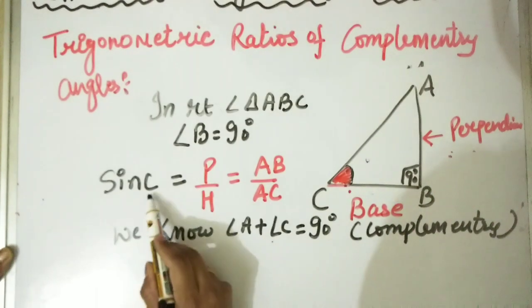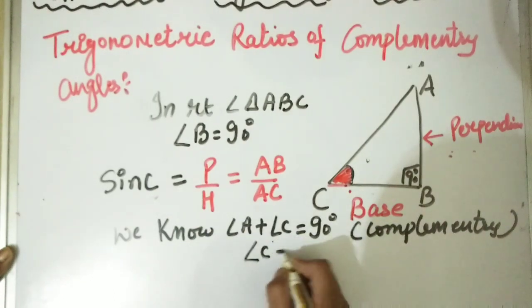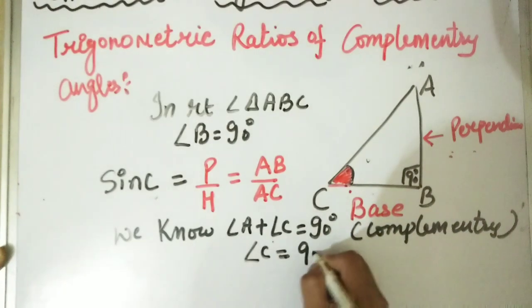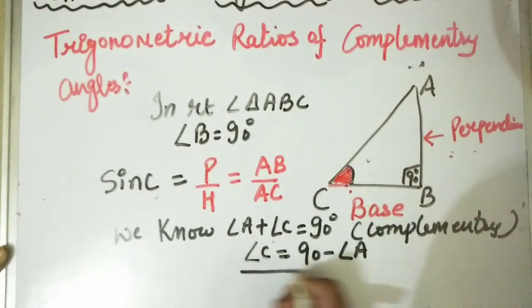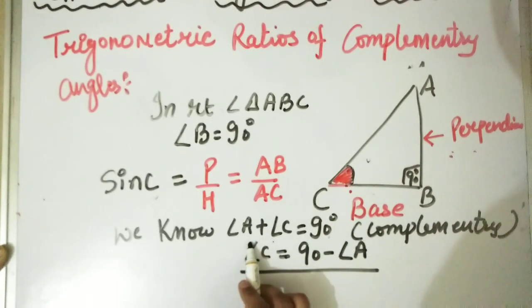I am going to replace this C with A. What is the value of angle C? Angle C will be 90 minus angle A, right? It's a very easy process. You can find any angle from this equation. If you need angle A, it will be 90 minus C. If you want angle C, it will be 90 minus angle A.